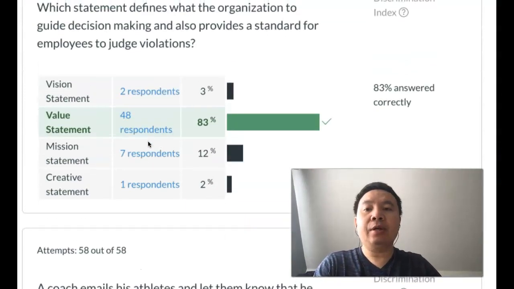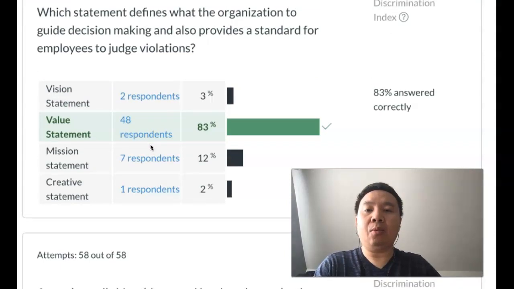Second question: which statement defines what the organization uses to guide decision making and also provides a standard for employees to judge violations? Obviously it's the value statement. We talked about three statements last week. The mission statement describes who you are and what you do as an organization.